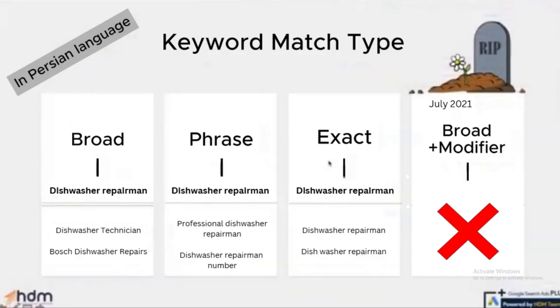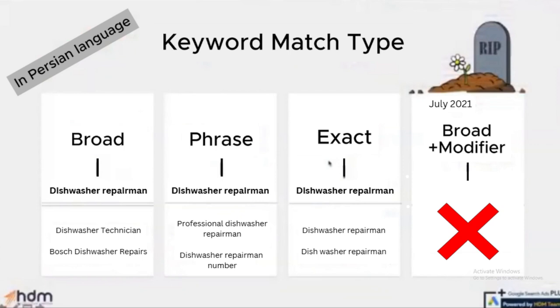Guys, I want to emphasize again that in Persian, draw a line under it, highlight it so you don't make a mistake, please. When you give examples for yourself, when your keyword is washing machine repairman, with brackets on both sides, the first topic is what is the match type. The exact match type.